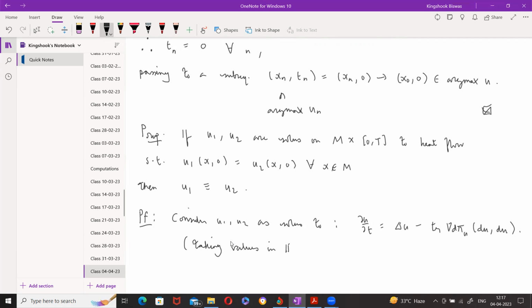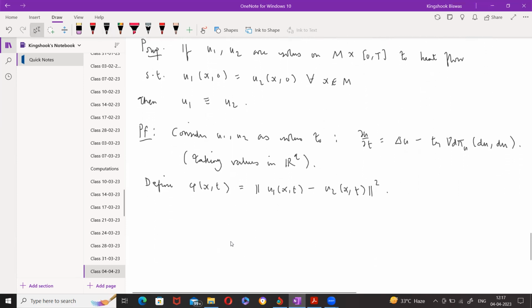So then define phi of x, t to be the norm squared of U1(x,t) minus U2(x,t). Okay. Norm squared in R^n. Right? These are vectors in R^n. Take the difference, take the norm squared. All right.